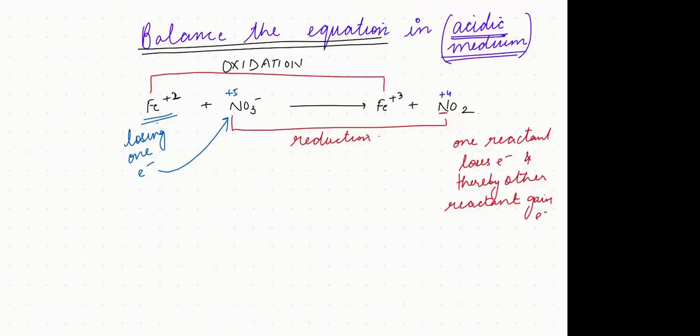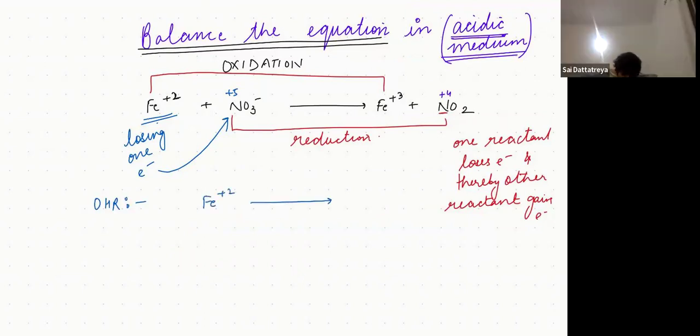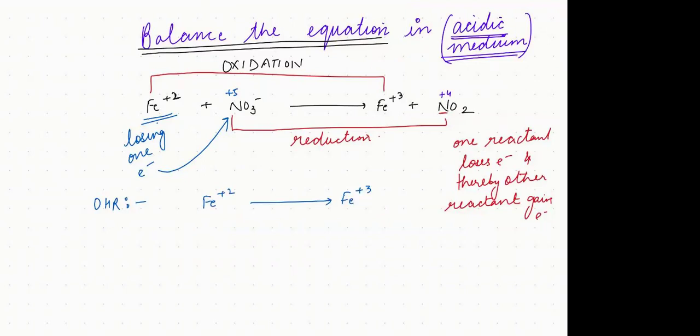Simple. So you separate the oxidation half reaction, OHR. You write it down: Fe+2 becomes Fe+3 and one electron is lost. And the reduction half reaction becomes what?